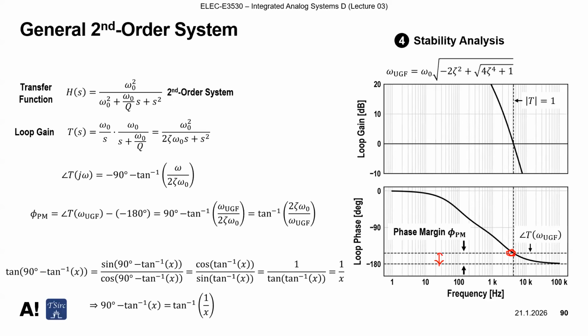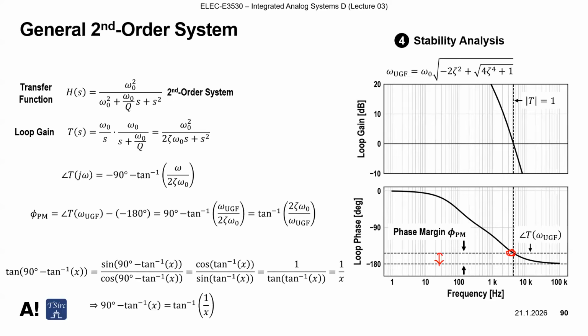When we take 90 degree minus arctangent to the tangent function, tangent is defined by sine over cosine. Then when we take 90 degree minus something, it goes to cosine over sine. That goes to 1 over tangent, arctangent x. That is the inverse function of a function, that goes to 1 over x. So when we take arctangent again, we get this equation here.